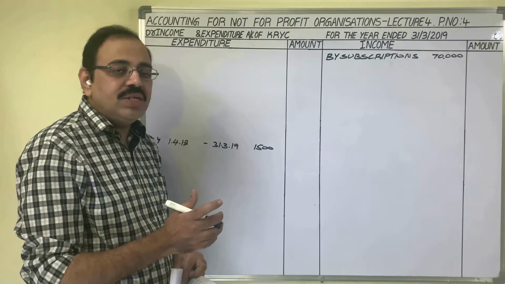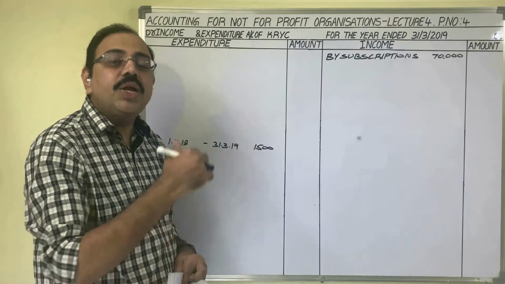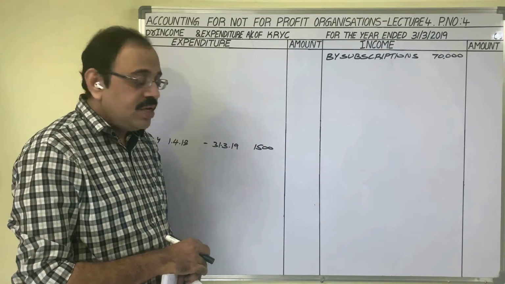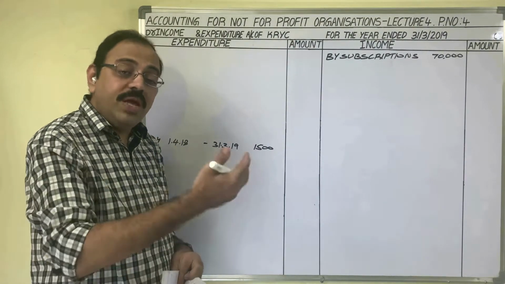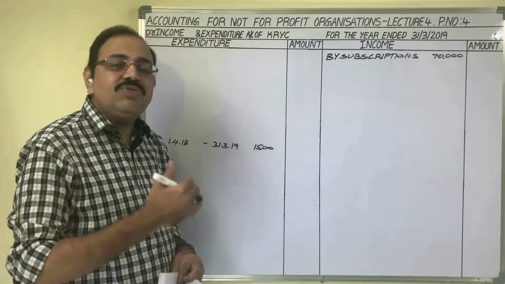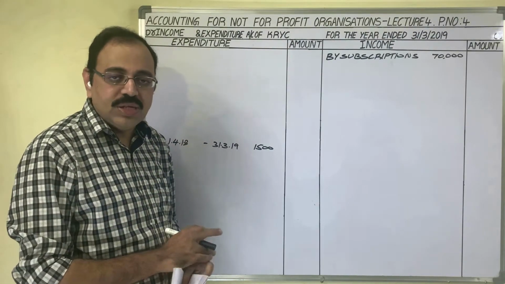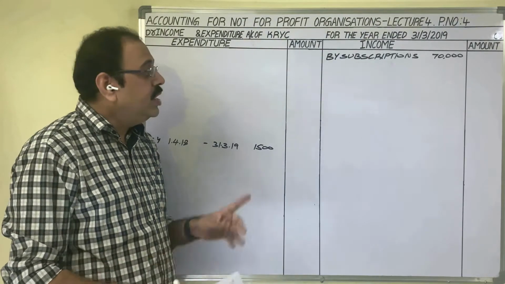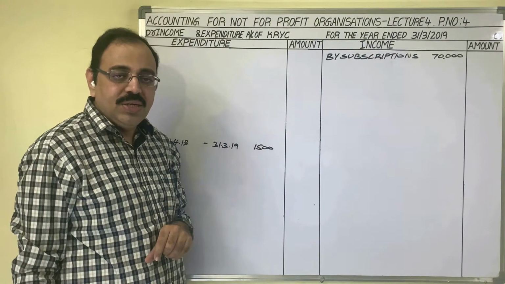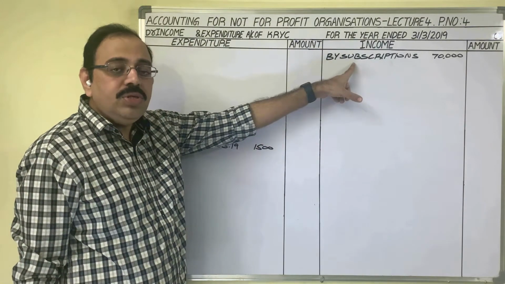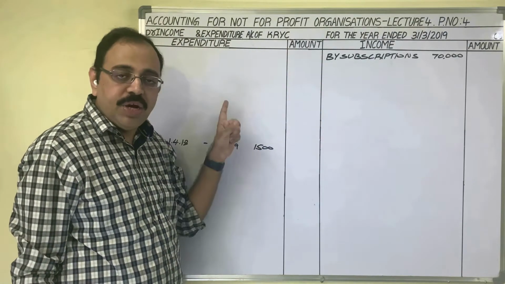The word outstanding we generally use for expenses. Outstanding salary means salary to be paid. But here, for income, he used the word outstanding. So don't think that we have to pay subscription. We have to receive subscription. Subscriptions to be received, 1500 rupees. And I told you one point: the income and expenditure account we prepare on accrual basis. So received amount and to-be-received amount, both we have to show in the income and expenditure account.